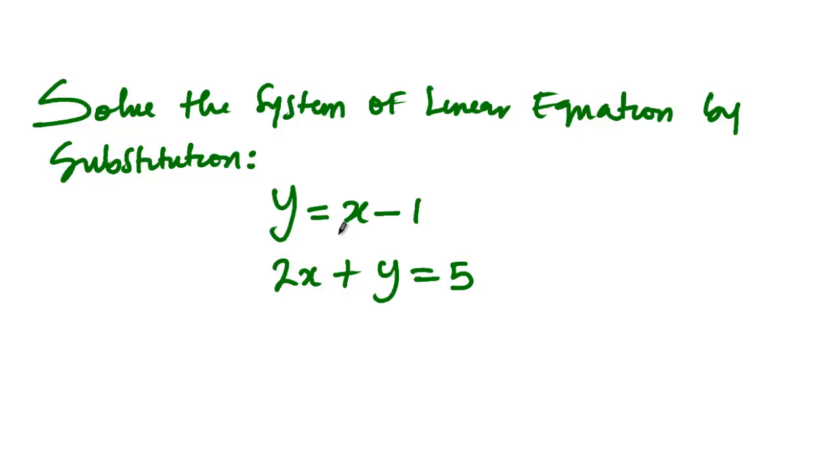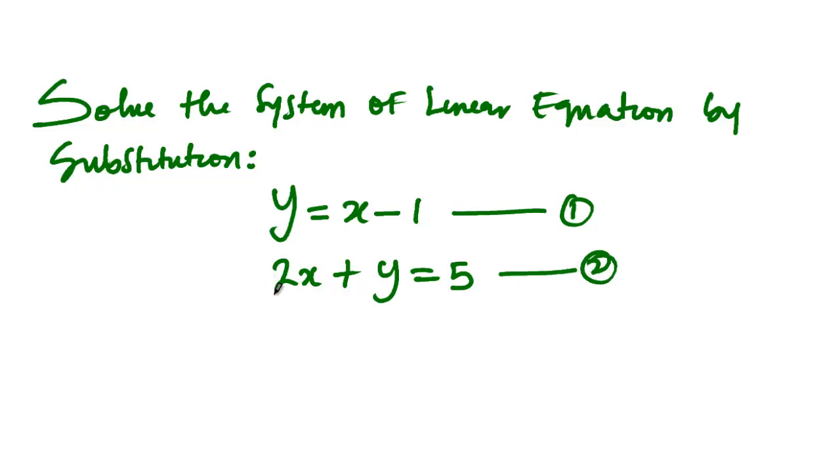And there are two methods of solving a system of linear equation. That is, we have the substitution method and the elimination method. All right. So in this case, we are required to solve this equation by substitution method. So for us to solve it, I will say let y is equal to x minus 1 be equation 1, and 2x plus y is equal to 5 be equation 2.